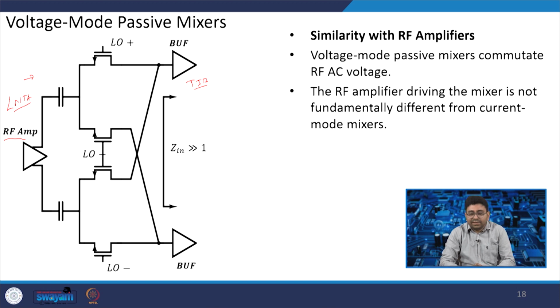This buffer has a very high input impedance, similar to the RF amplifier, and the voltage mode passive mixer commutates the RF AC voltage, and in the current mode it is a current. The RF amplifier driving the mixer is not fundamentally different from the current mode mixer.